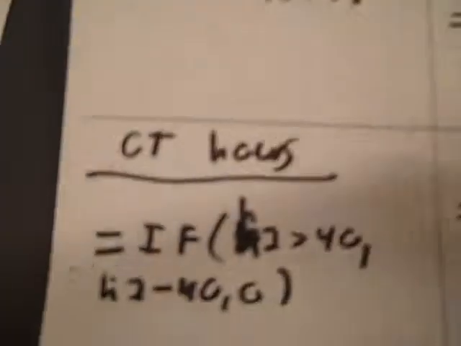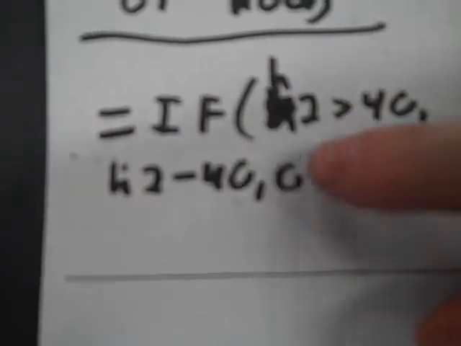What do we want it to do if it's greater than 40? To find the overtime hours, well, we want to take H2 minus 40, the hours minus 40, because that's how many overtime hours they got. So H2 minus 40, comma, and then if not, if they did not work greater than 40, we just want to do 0, because they wouldn't have any overtime hours.